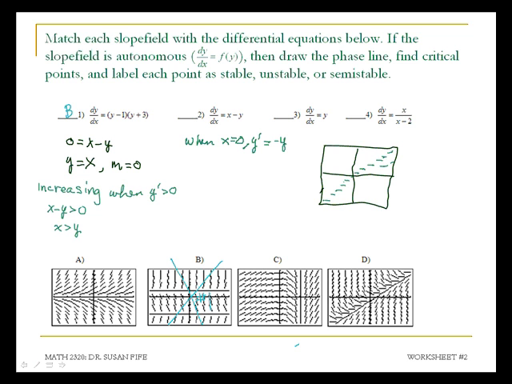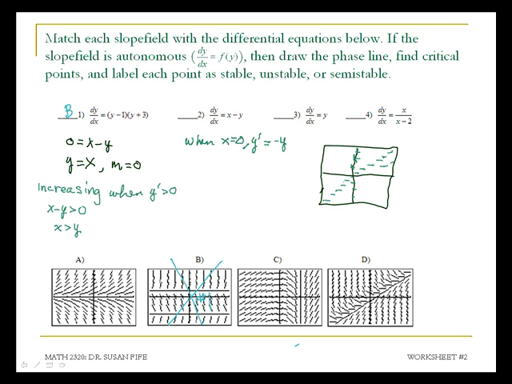So my slope is negative y, which means that if I make this 1, 2, and 3, when y is 1, my slope is going to be negative 1. When y is 2, my slope is going to be negative 2, a little bit steeper. When y is 3, my slope is going to be negative 3, steeper still. So this will be negative 1, negative 2, and negative 3.